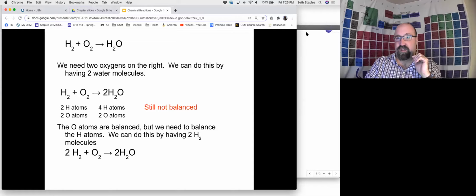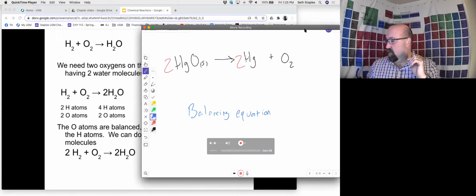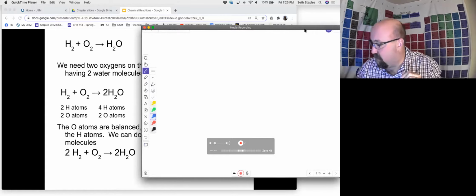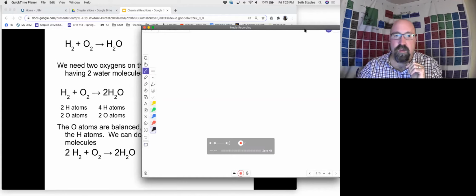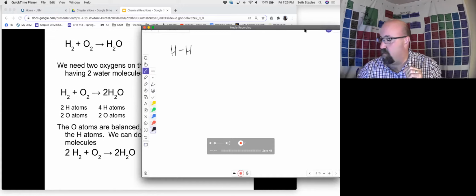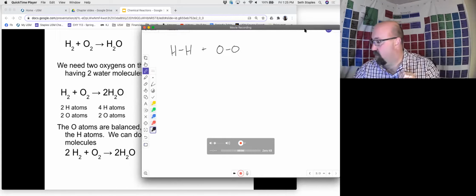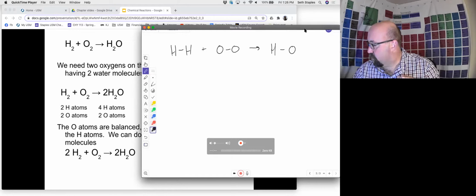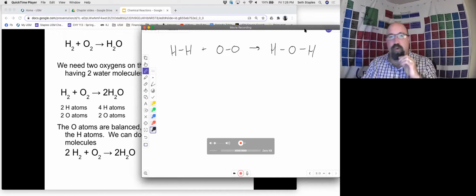Let's take a look at this, actually writing the molecules out. So we're starting out with H2, plus O2, and that's going to form an H2O.